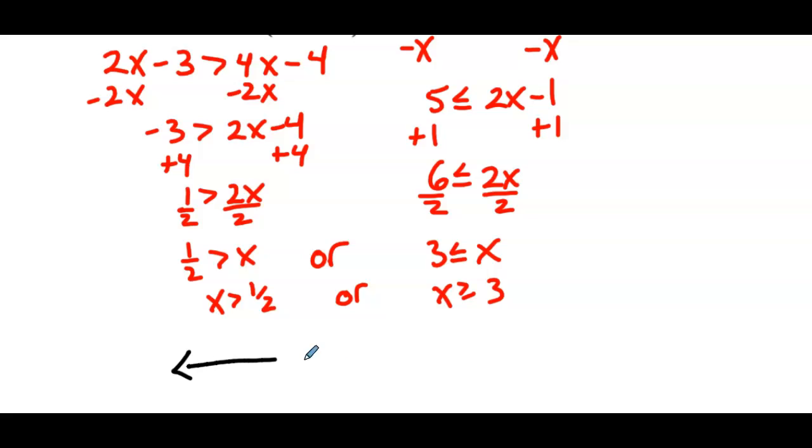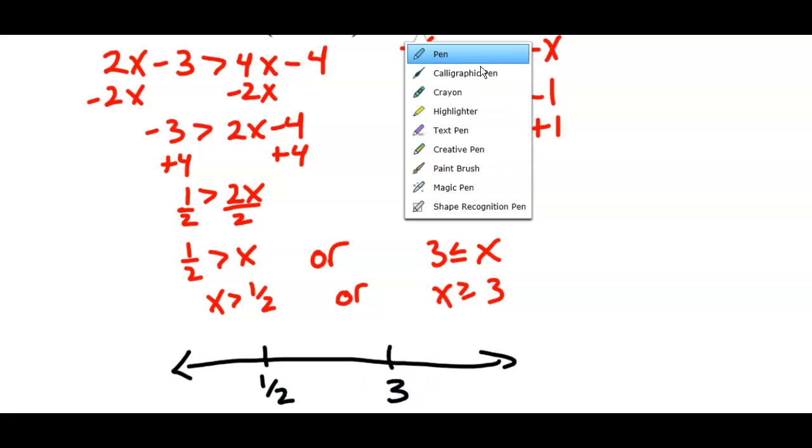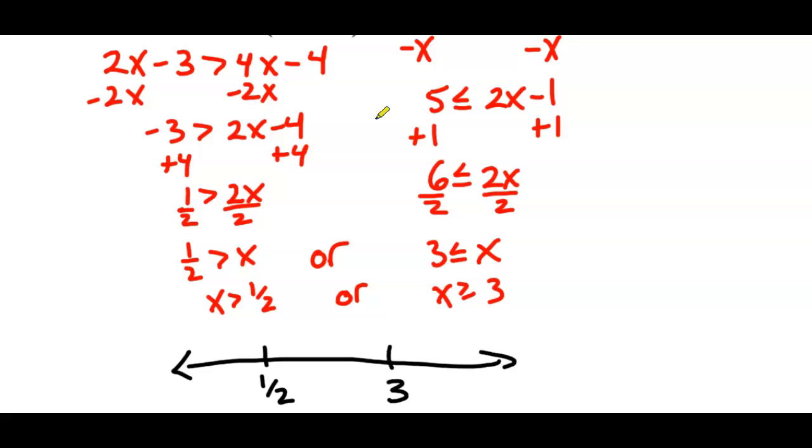So now we go to our number line. So we're going to put 1/2 and 3 on the number line. Now we'll go to the highlighter. So x is greater than 1/2. x is less than. Well, good thing I caught that. I didn't switch the sign when I rewrote it.